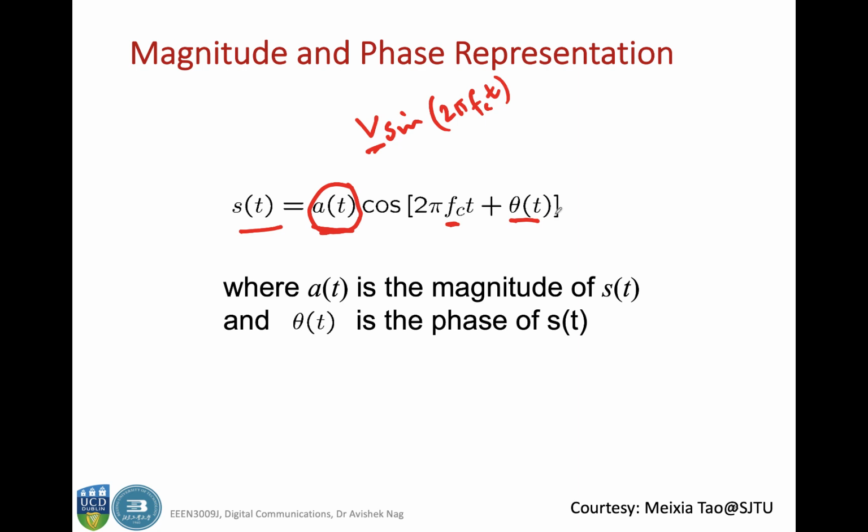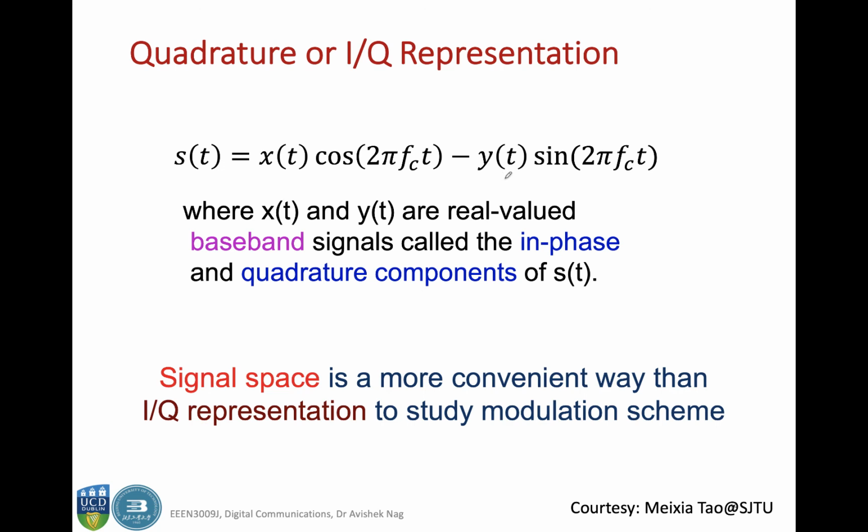We can represent the same signal in terms of the quadrature representation or IQ representation. So we can say s(t) equals x(t) times cosine 2 pi fc t minus y(t) times sine 2 pi fc t. So these two representations are equivalent.